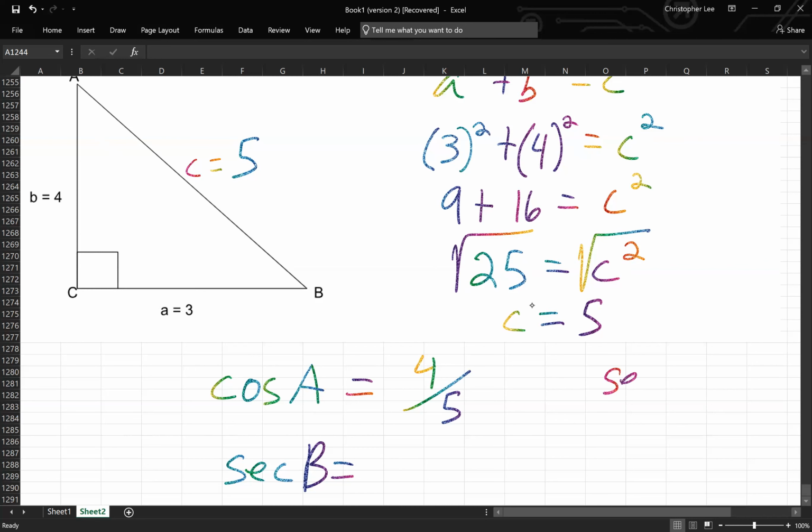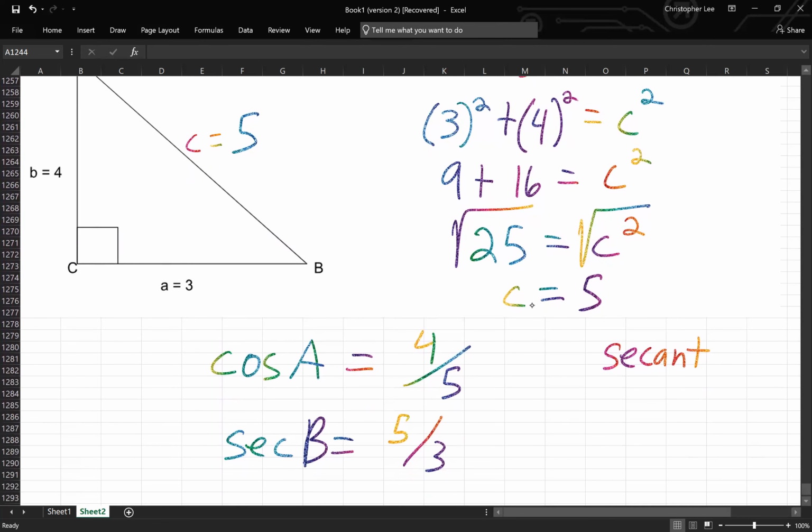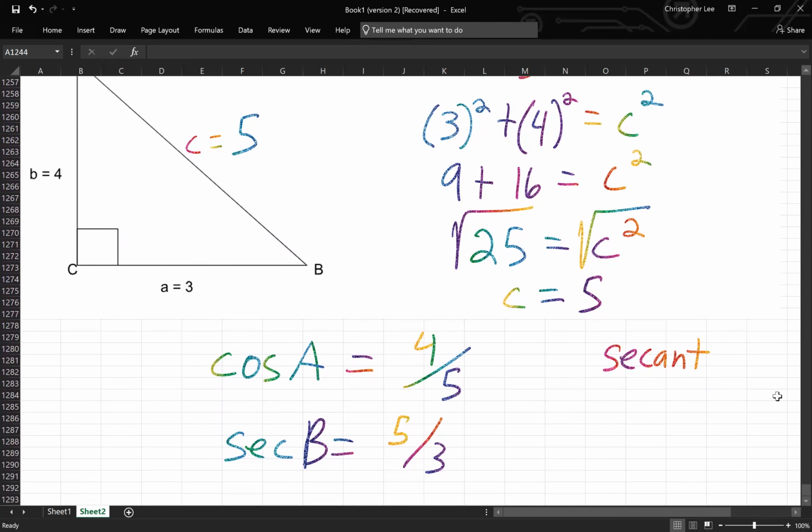It's spelled just like this. Five over 3. Very good. SEC. So hypotenuse over adjacent. Right? Easy, right? That's a whole question on the final. Right there. Everybody had it.